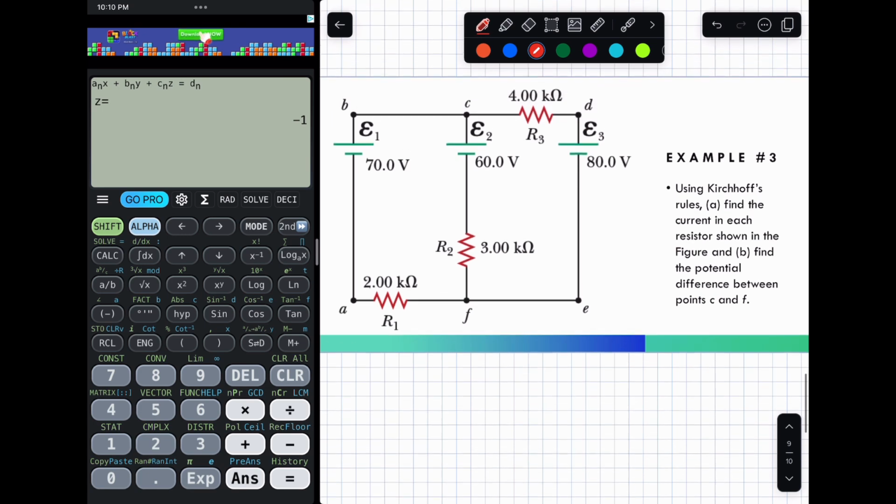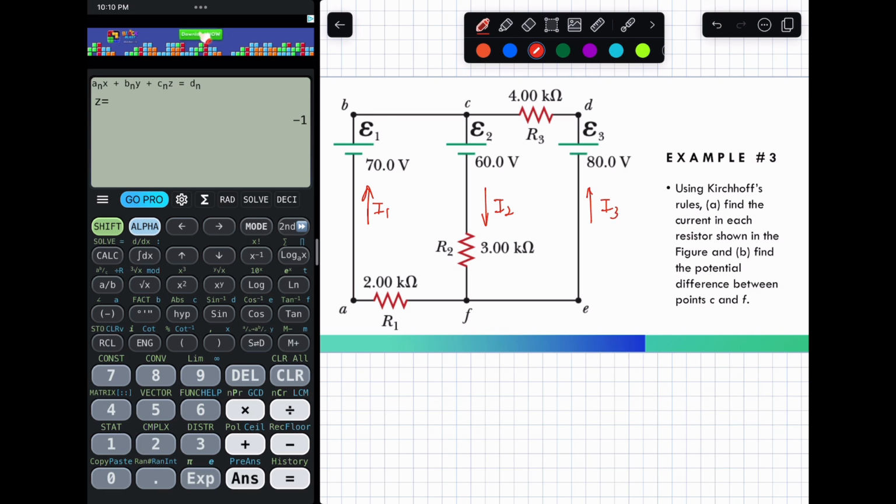So let's have our third and final example. In this case, there's no assumption for the current, so I'm just going to assume. Let's say this is my assumption for I1, for I2, and for I3.